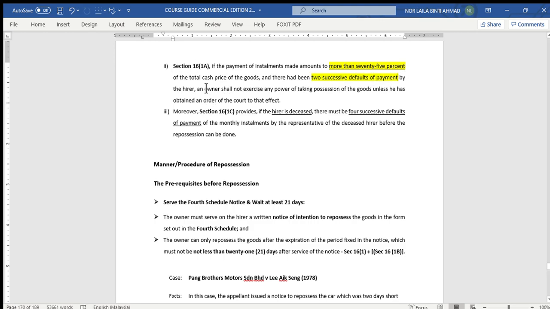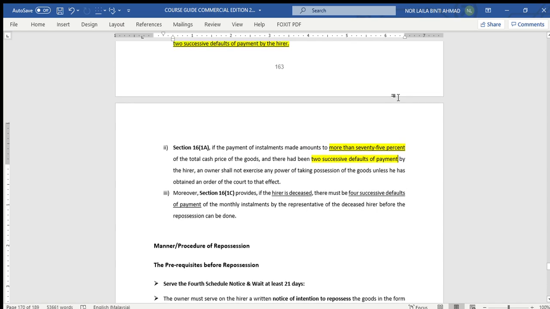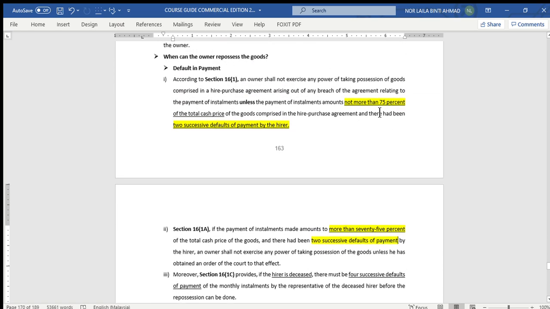The owner can repossess based on section 16 subsection 1 capital A when the owner obtains an order of the court to that effect. So once dia dah dapat court order, then dia boleh proceed to repossess the car because the total installments are more than 75%. The first provision earlier was not more than 75%.